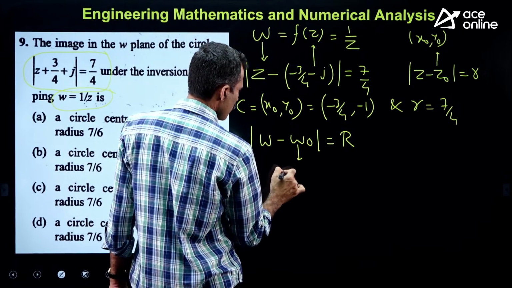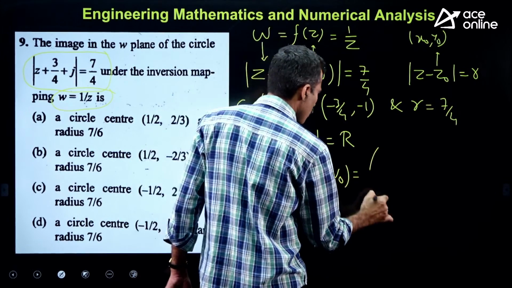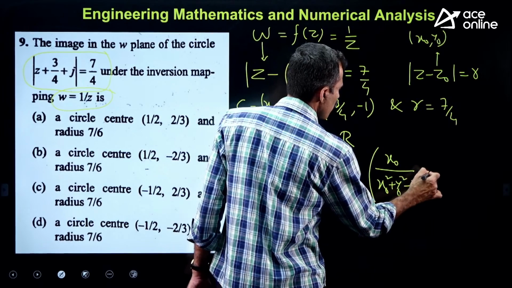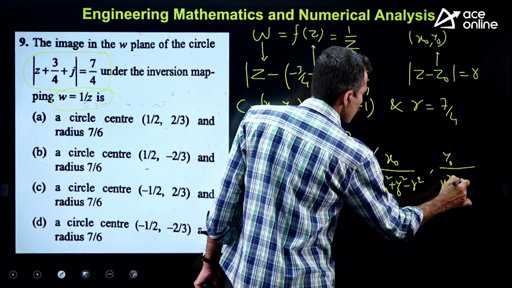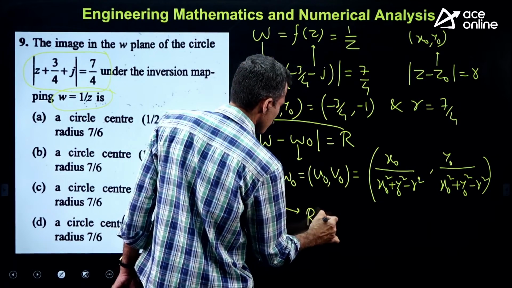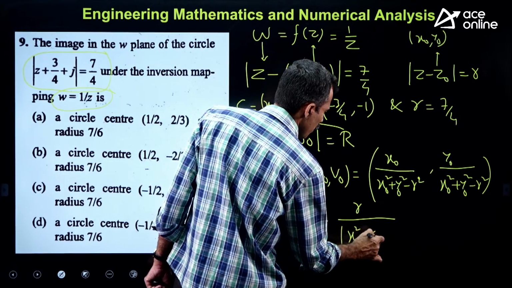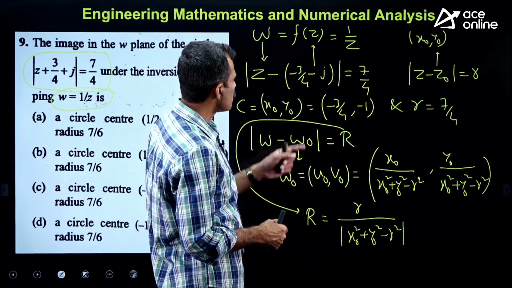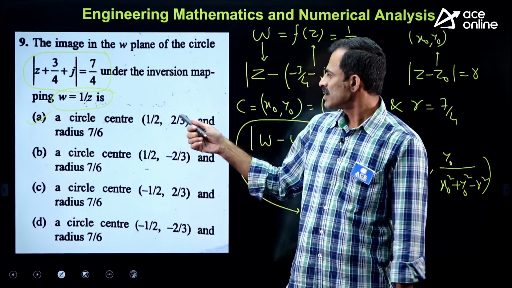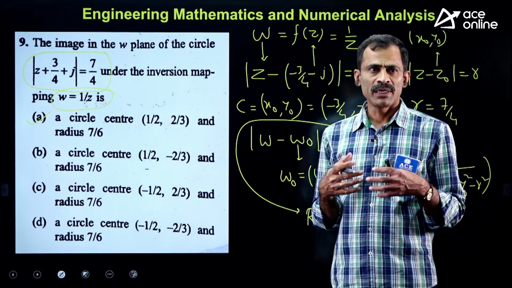The center w naught equal to u naught comma v naught is given by the formula x naught by x naught square plus y naught square minus r square comma y naught by x naught square plus y naught square minus r square, and the radius is given by r divided by modulus of x naught square plus y naught square minus r square. Now after substituting x naught, y naught and r and simplifying, we get the first option. So it is the required circle with the center and radius r. So that option is correct. Now the next questions will be discussed by my colleague.